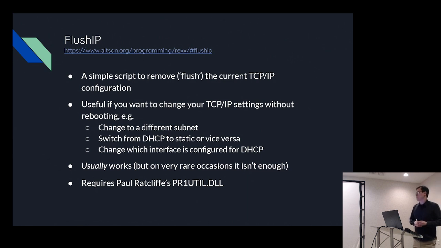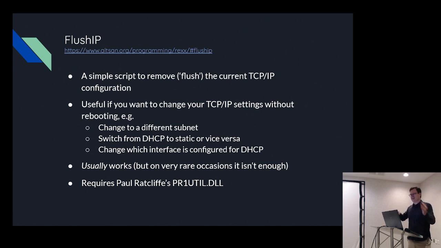So for example, on my home network, when I was in Japan, I think my local subnet was 192.168.1, etc. But the one on campus was 192.168.0 or something else. So I would have to refresh my TCP/IP configuration, which I could obviously do by rebooting, but I don't want to reboot. Why would I want to reboot? This is OS2.